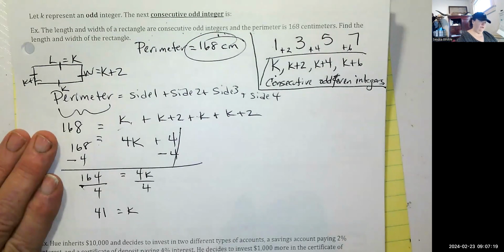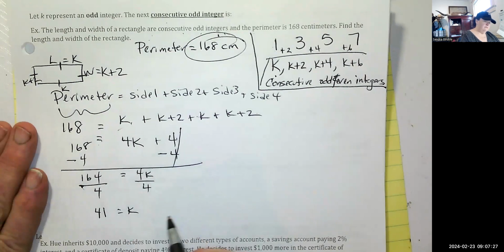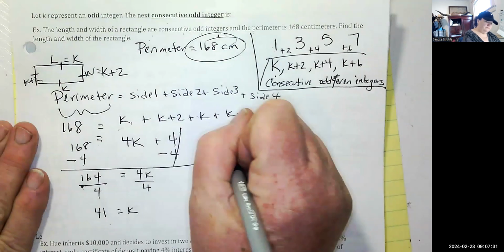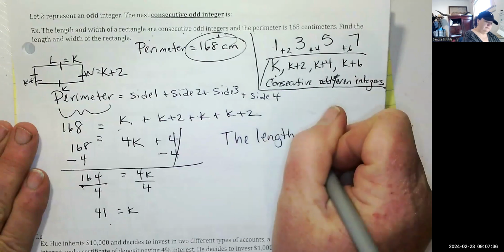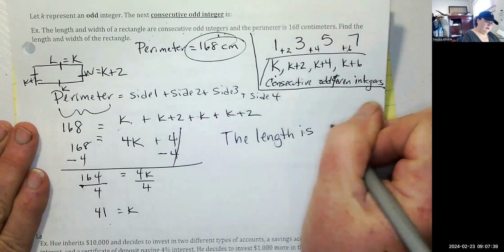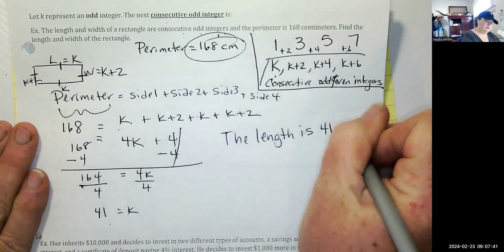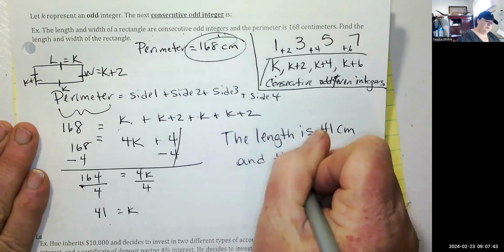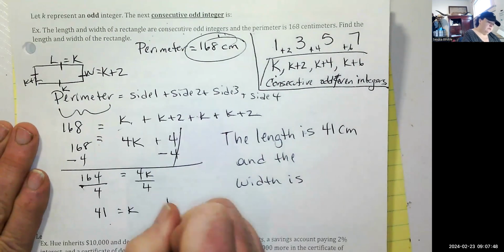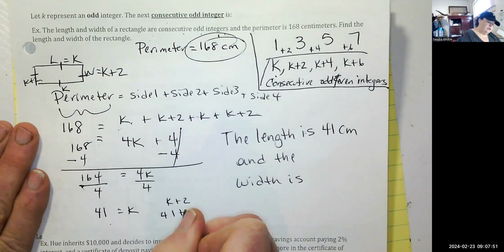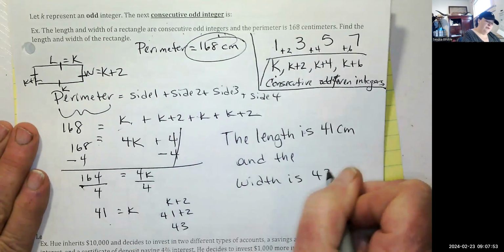Well, what did we do this for? The length is k, so it's 41 centimeters. And the width is k plus 2, which is 41 plus 2, which is 43 centimeters.